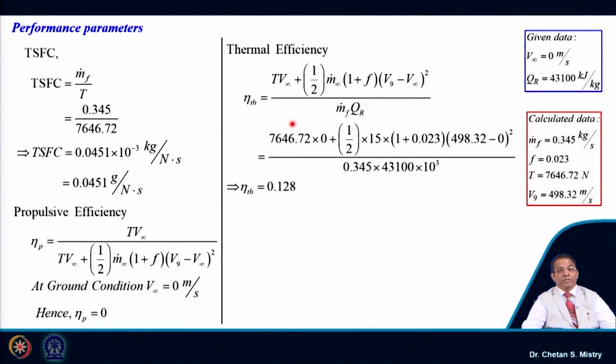Okay. So, just recognize this number. Now, next what we are looking for is my overall efficiency, and we know this overall efficiency is given by propulsive efficiency into thermal efficiency. Since my propulsive efficiency is 0, overall efficiency will be coming 0.